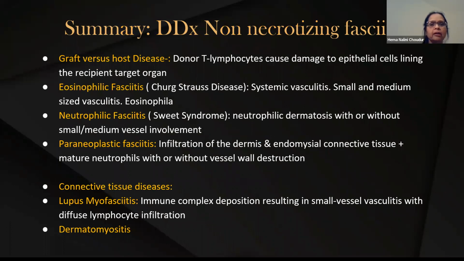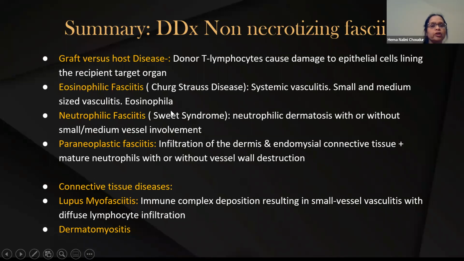So in summary, we've looked at non-necrotizing fasciitis. The pattern looks almost similar, whether you're doing MRI or CT. MRI is better, like I said. Simply looking at the history can put the patient into these categories: graft versus host disease, eosinophilic fasciitis, Shulman's disease.